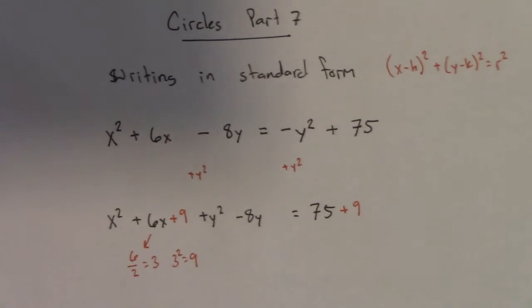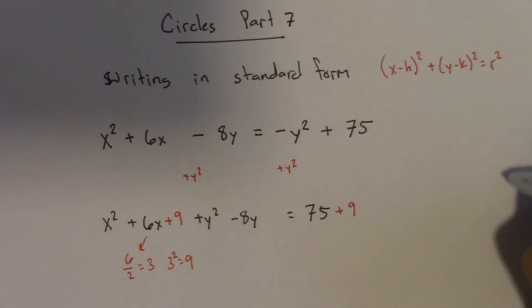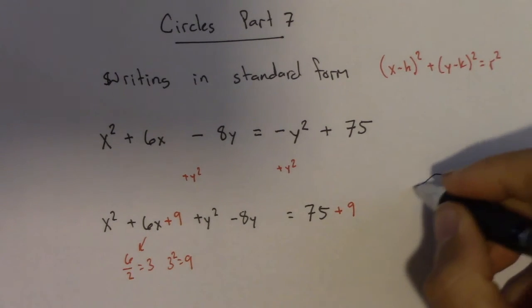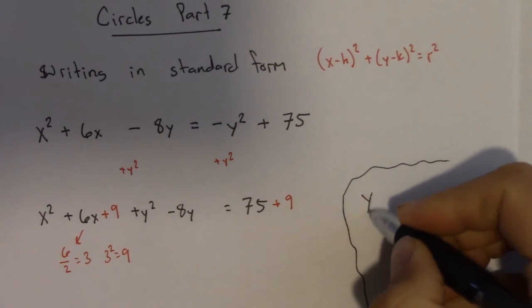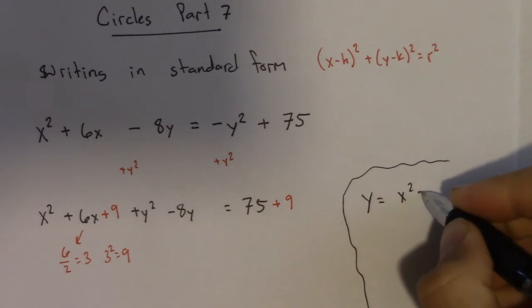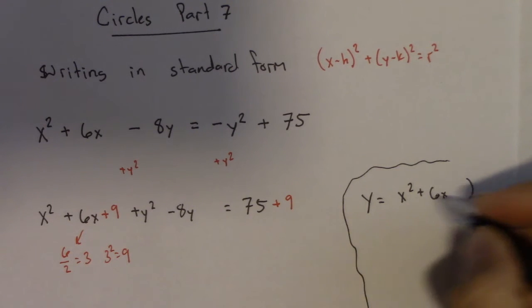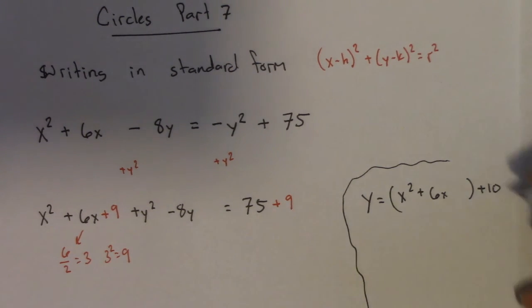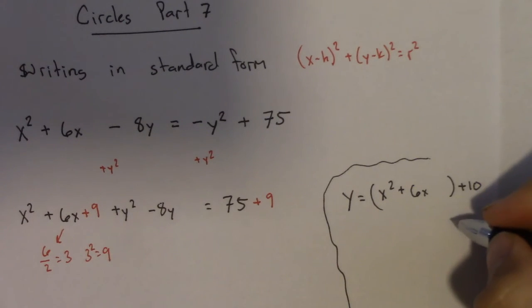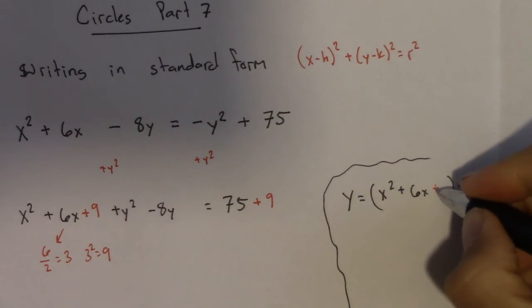Now, some of you are thinking back and wondering, wait, didn't we add and subtract? Why are we adding twice now? It has to do with the equality. When we added and subtracted before, here's a little aside, we had the equation of a parabola where we came to this and said, hey, in order to get this first part in parentheses to factor nicely, I need to put a plus 9.